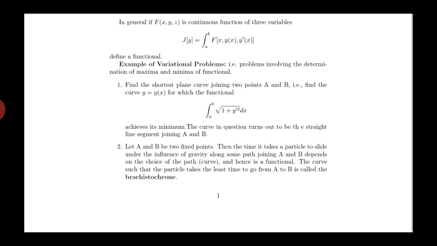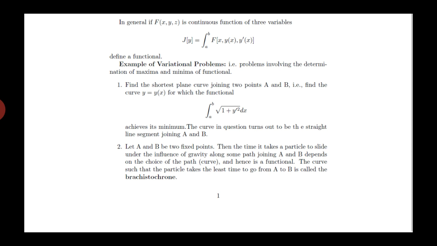The functional will be given by the integration from a to b of the square root of 1 plus y prime whole square dx, and we want a minimum for this. So what is the function y equals y of x that makes this integration minimum? And we know the answer.